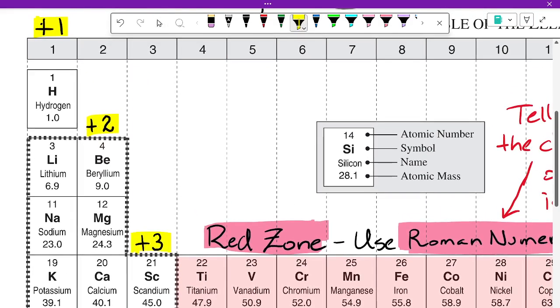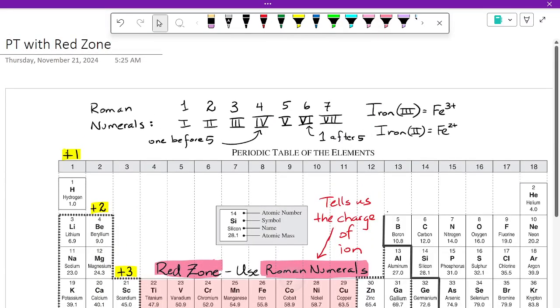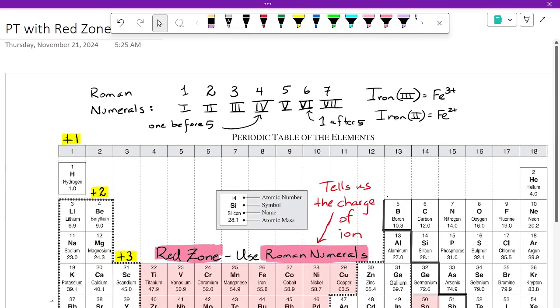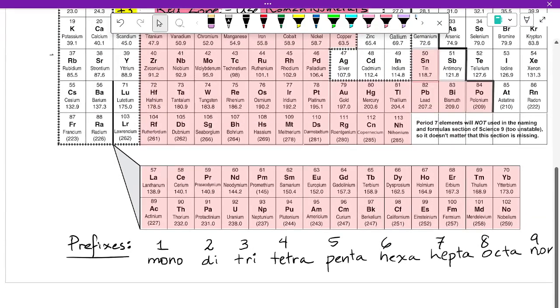That's up to you. That's your choice. But the periodic table you get for quizzes will not include the Roman numerals, and it will not include the prefixes. Okay, so you need to memorize those.